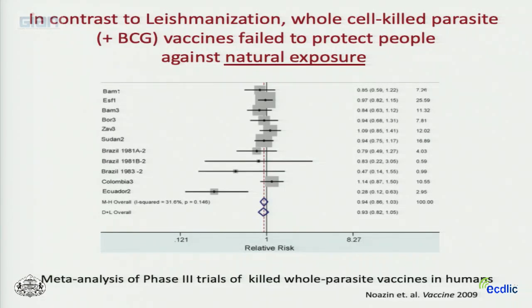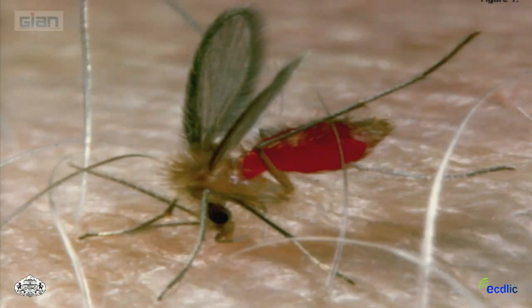These vaccines had never been actually tested against a real sandfly challenge. It was just putting parasites in a syringe and sticking them in a mouse. So that was a possible difference. Seemed like it could be pretty important.